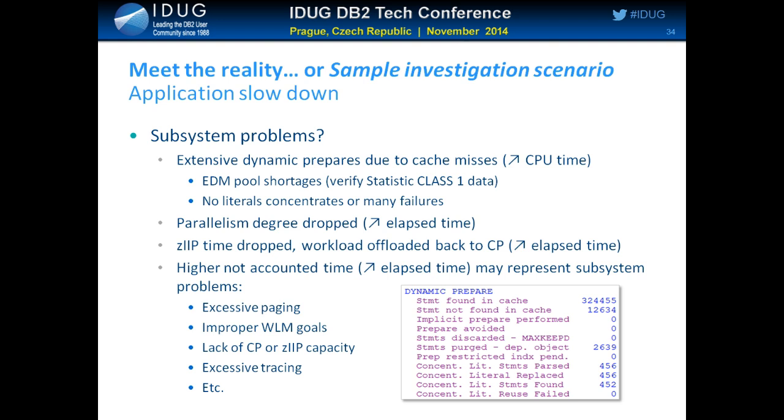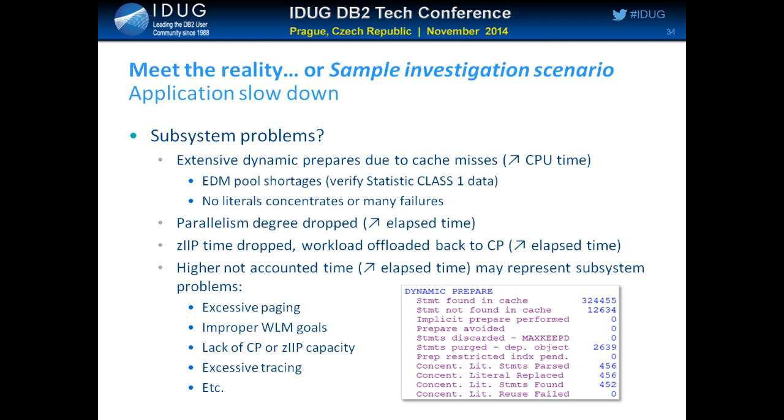That big time can represent a problem. It could be, for example, that you have excessive paging on your system. Some processes require a lot of paging, so you may look into that. Or maybe you don't have proper WLM goals, so you don't get a proper dispatching priority.